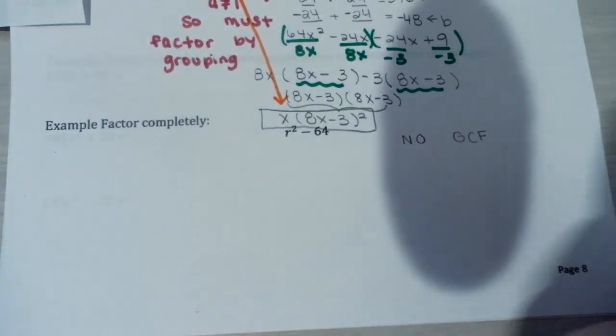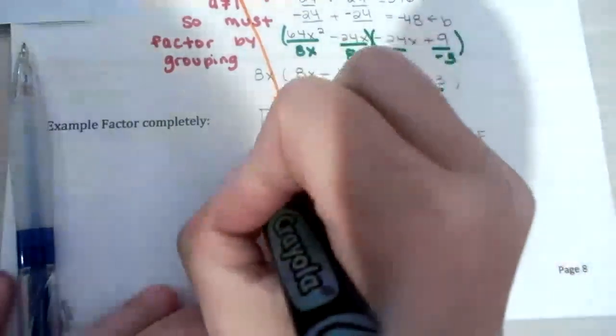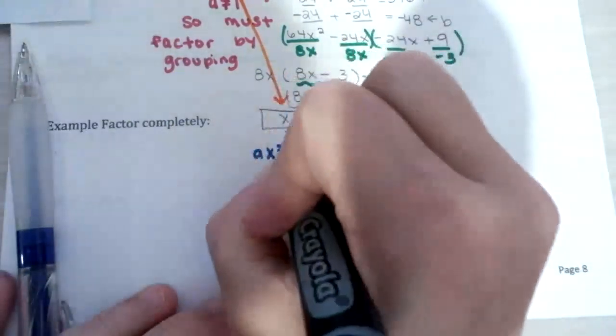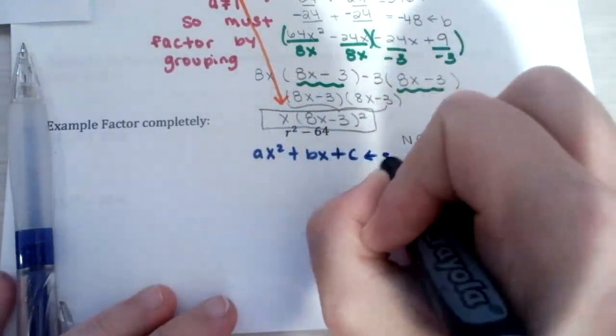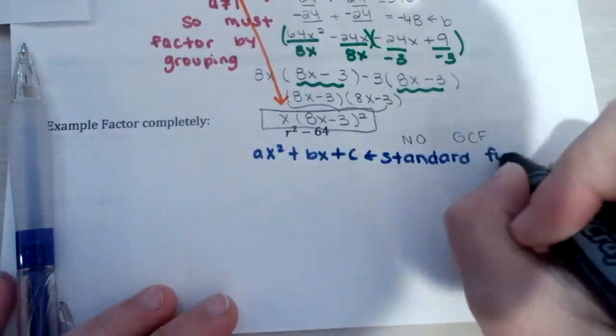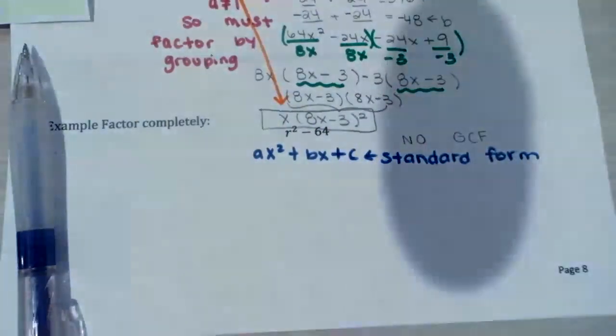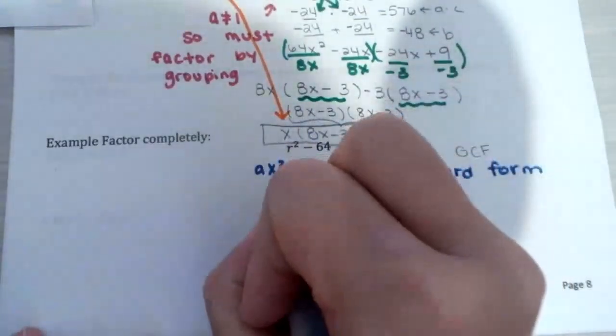Here's what's kind of funky. We need to put this in standard form, and it is in standard form. But remember, our standard form is ax squared plus bx plus c. So I could rewrite this as r squared.